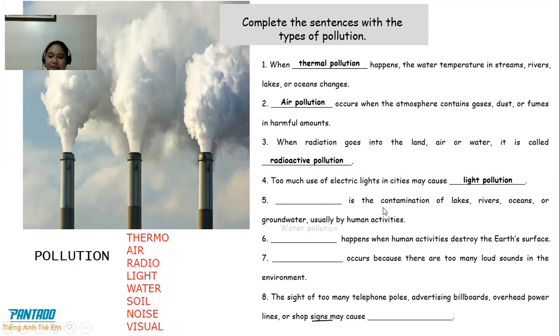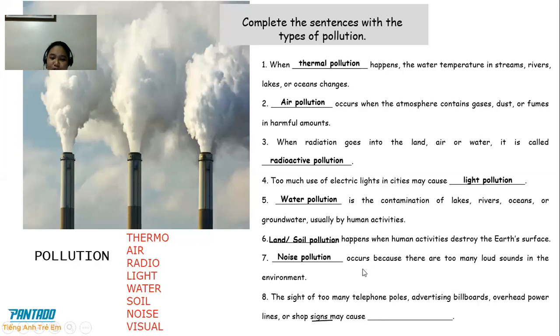Number five, water pollution is the contamination of lakes, rivers, oceans, or groundwater, usually by human activities. Number six, land or soil pollution happens when human activities destroy the Earth's surface.